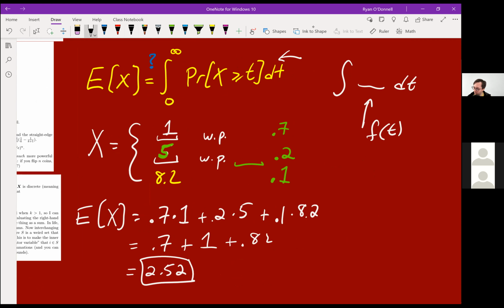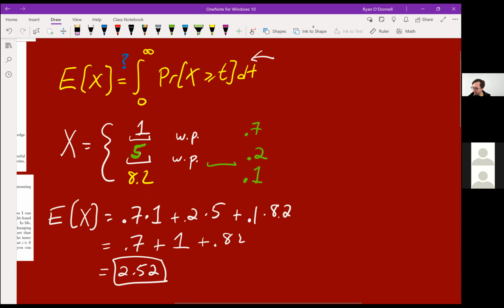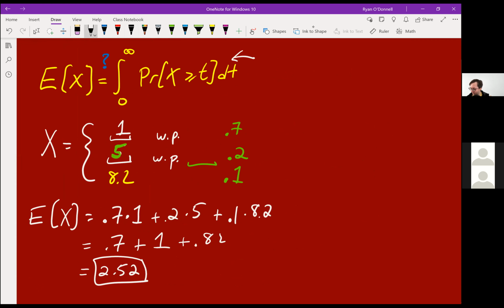For every value of t, this is some number. So I'll ask you a question now. If this is our x, let's pick a nice value of t, like 4. In fact, let's call the probability that x is greater than or equal to t, f of t. So let me ask you now, what is f of 4?